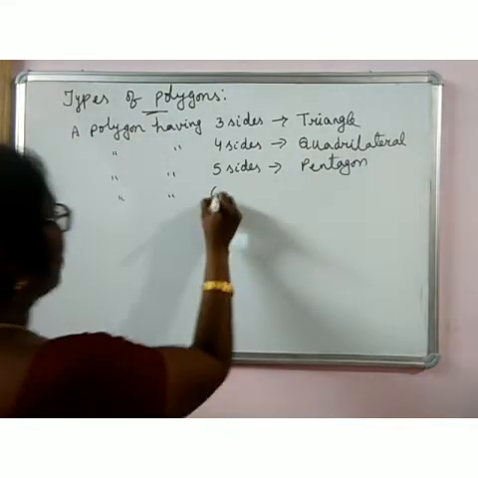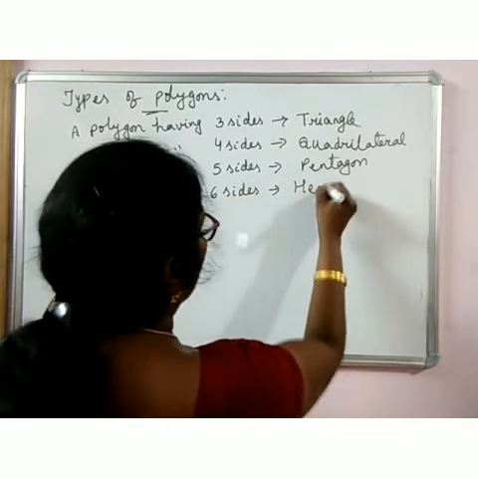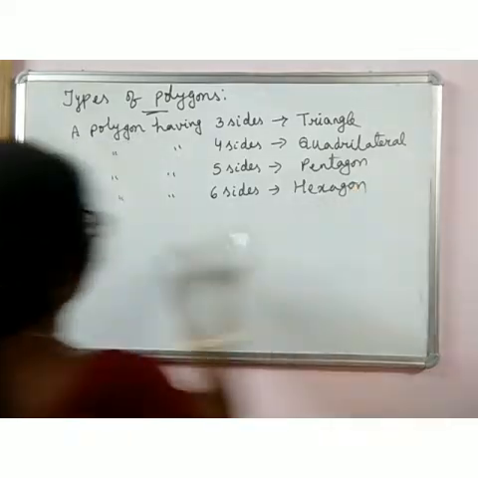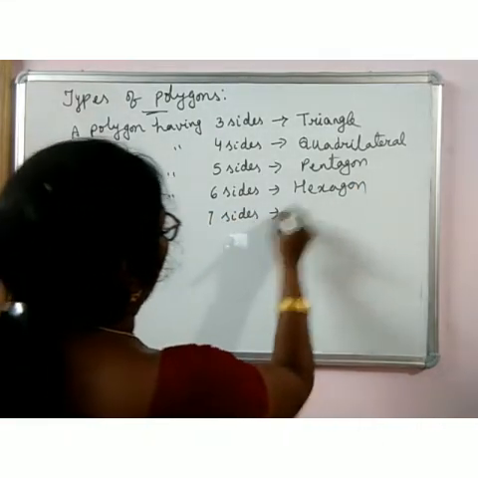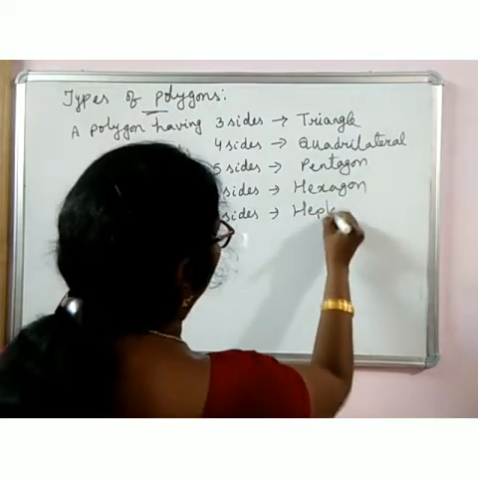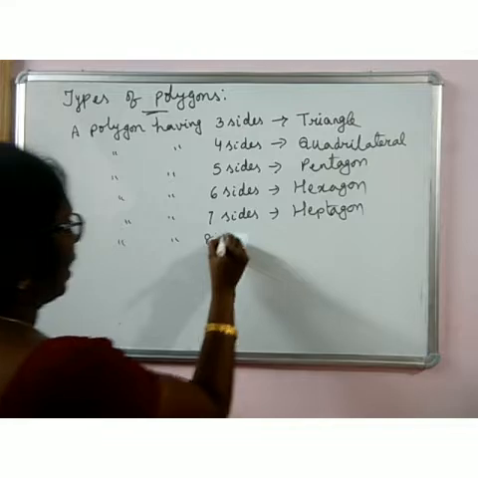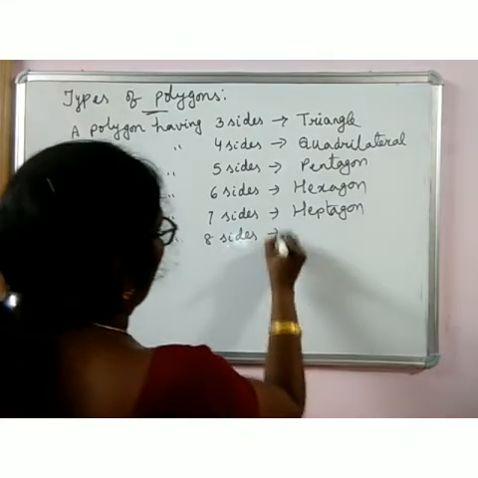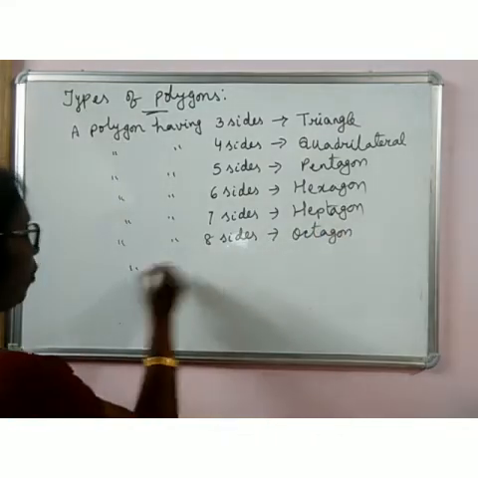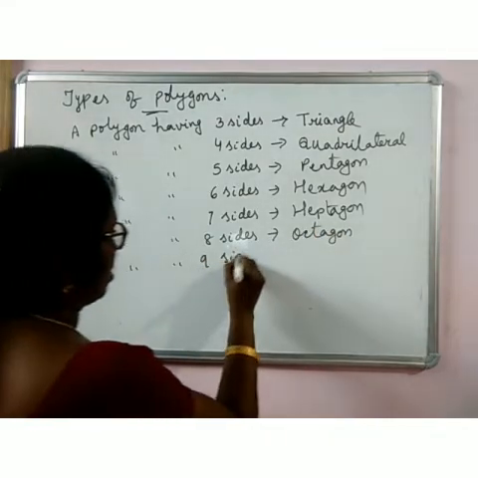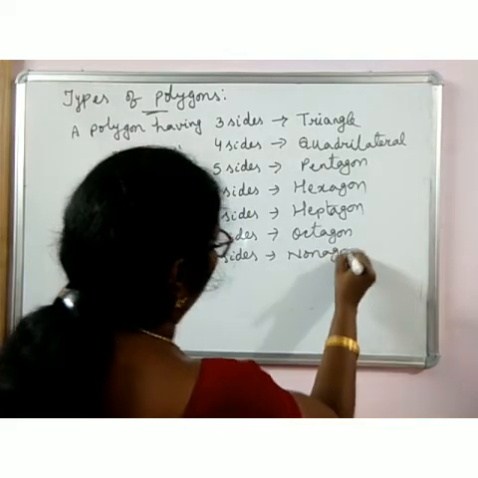A polygon having 6 sides is a hexagon. A polygon having 7 sides is a heptagon. A polygon having 8 sides is an octagon. A polygon having 9 sides is a nonagon.